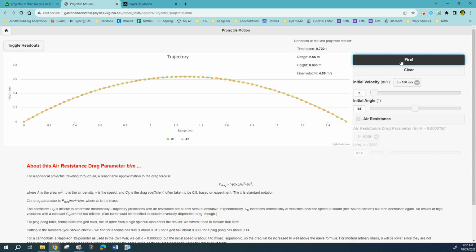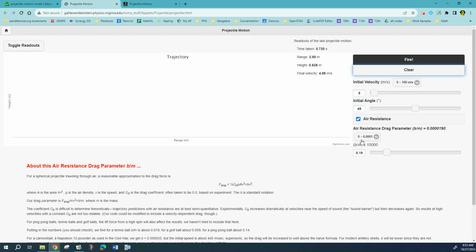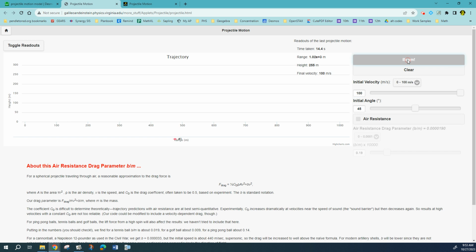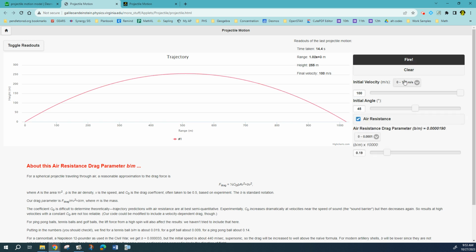Let's do that first. Okay, they're about the same. 2.55 in both cases. Okay, didn't change much. Now if we go up to 100, without air resistance, 255, with air resistance, okay, not that much less, 253.